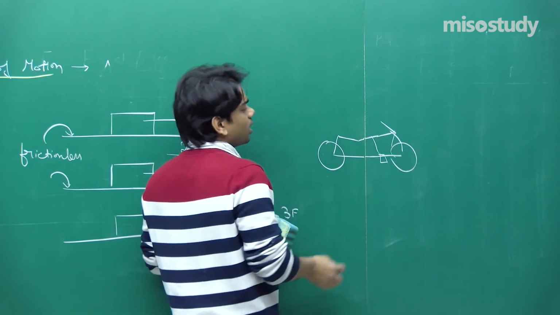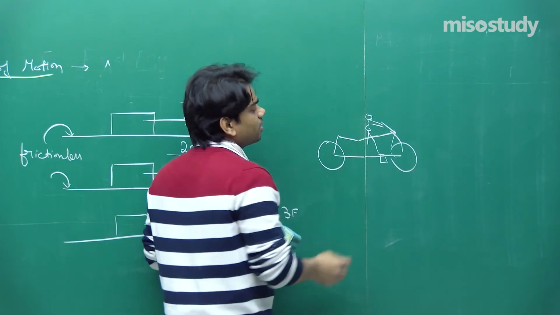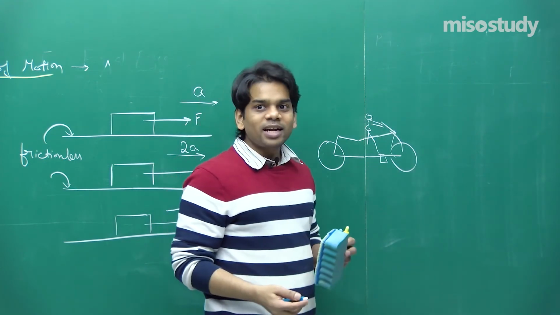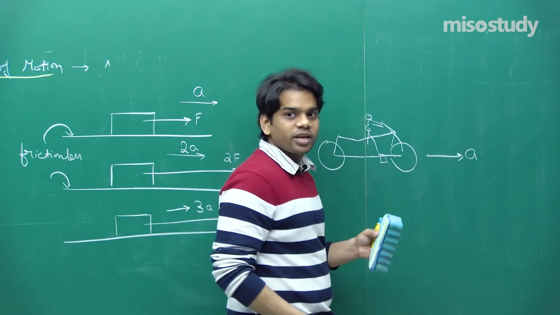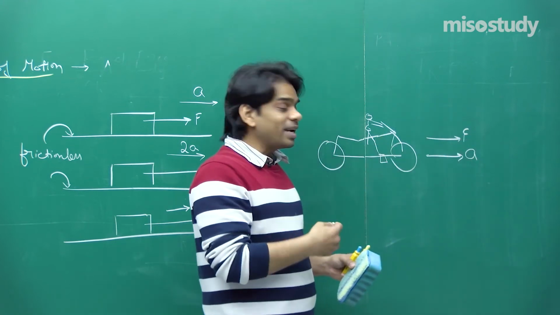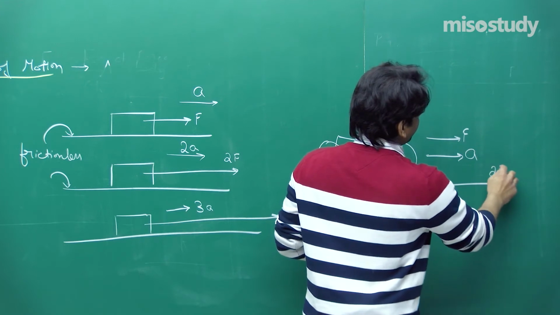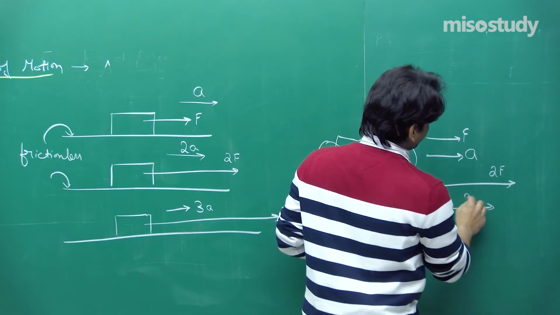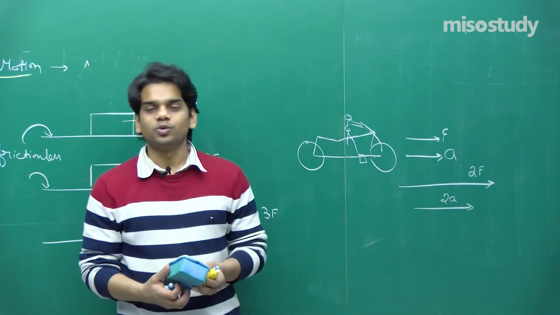If you are exerting a force on the paddle, you will find that it has some acceleration, let's say A, when you exerted force F. Now if you increase the force, the acceleration will be twice the earlier case. Now acceleration will become twice the initial acceleration that you observed.